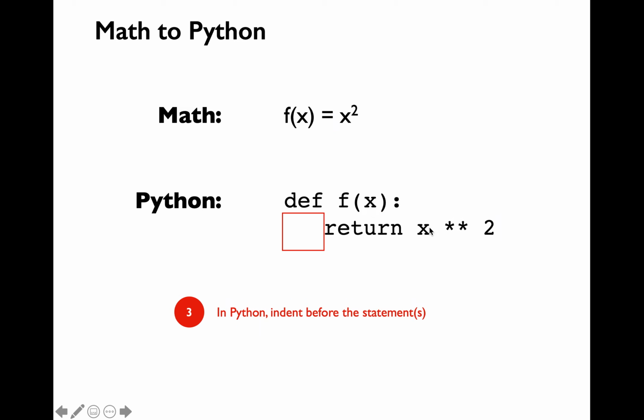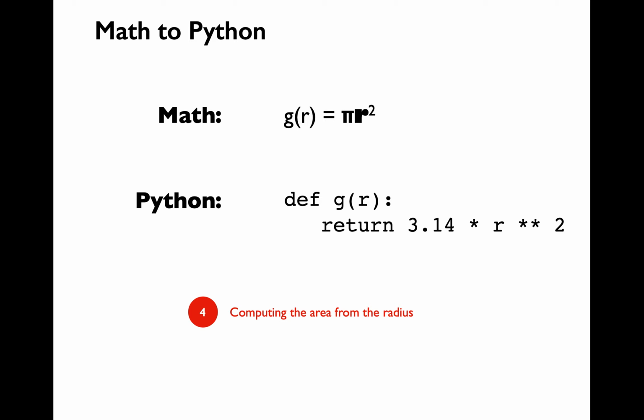The third difference here is that in Python, you need to indent your function definition lines of code using a tab space. Alternatively, you could use 4 spaces on your keyboard, but I would recommend you to stick to using tab as your indentation.